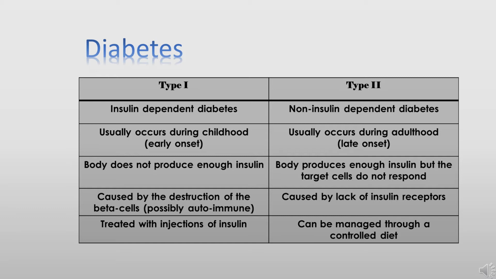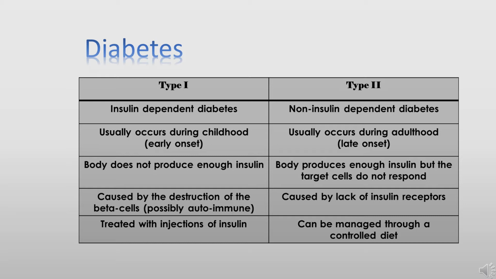Of course, when we talk about insulin, we think about diabetes. Diabetes is where homeostasis ceases to function properly, and people cannot control their blood sugar. There are two types. There is type 1, often called early onset diabetes, and this is where a person does not produce insulin and is treated by injecting insulin.